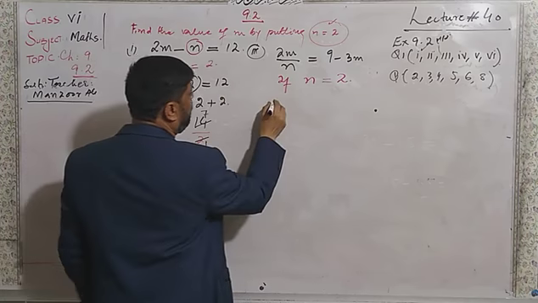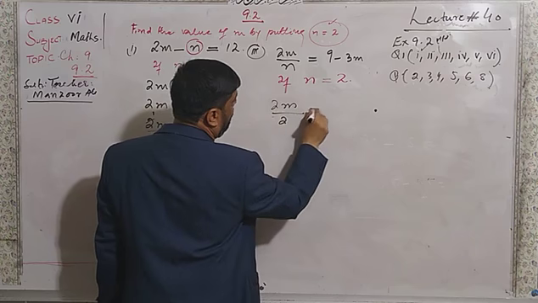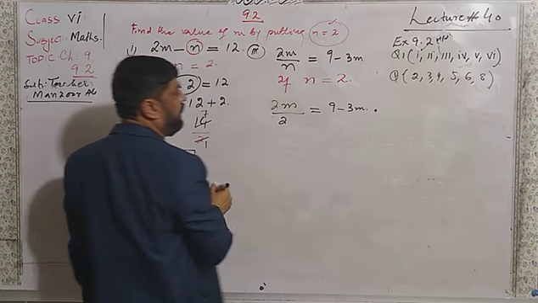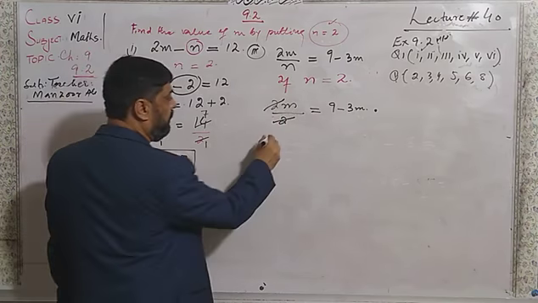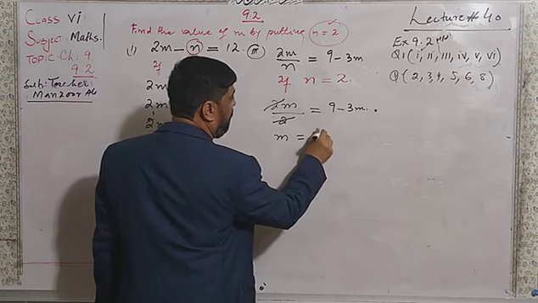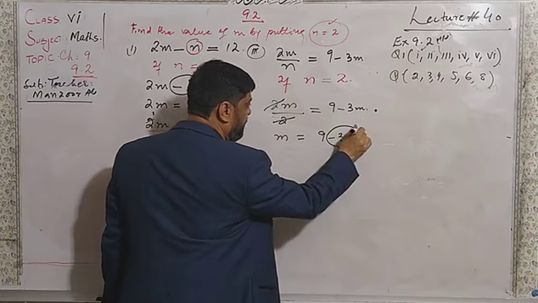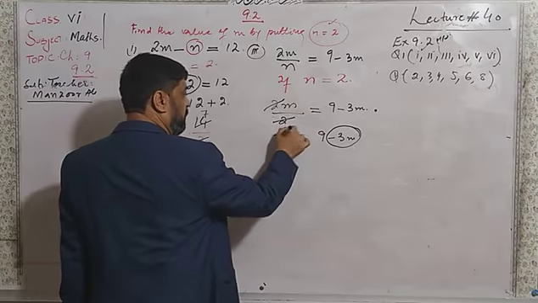Dear students, after that 2m divided by 2 is equal to 9 minus 3m. Here 2 will be cancelled by 2. We will get m is equal to 9 minus 3m. And this minus 3m we will shift from right to left.